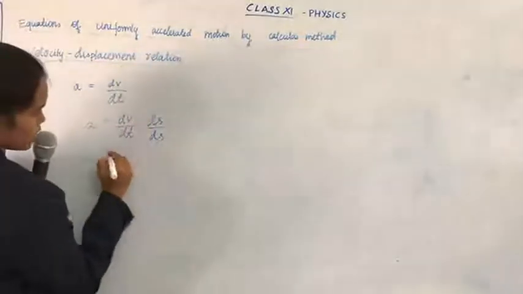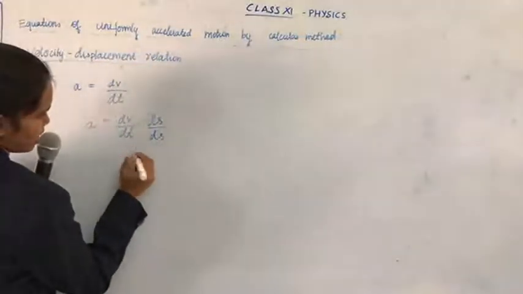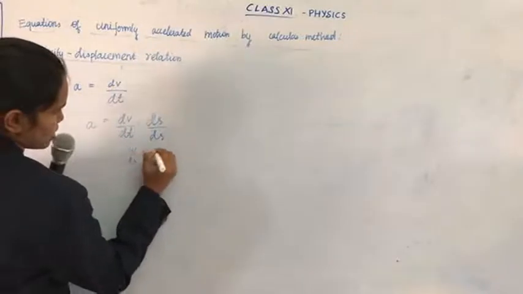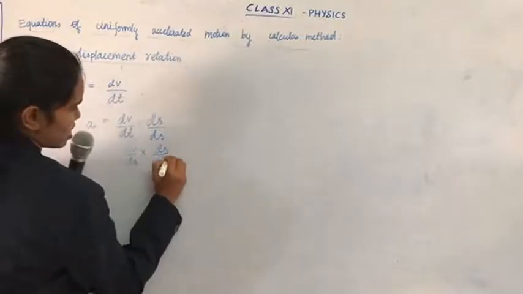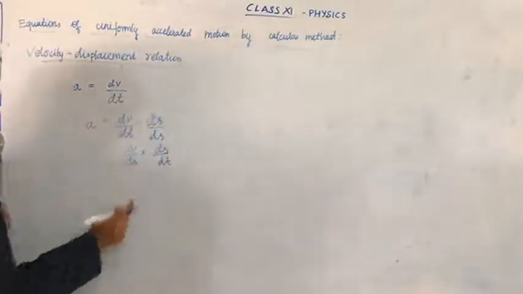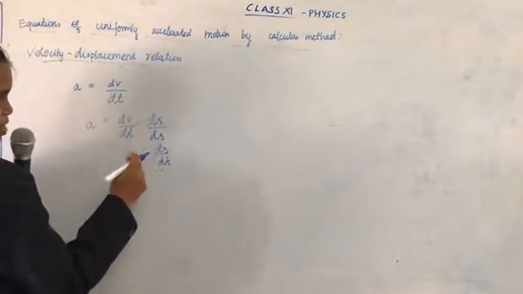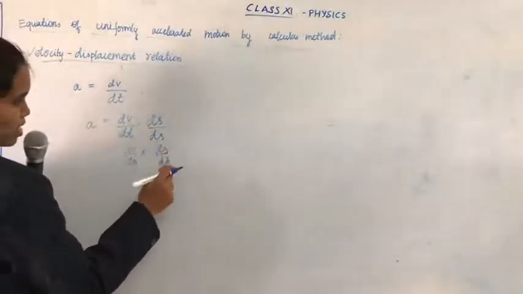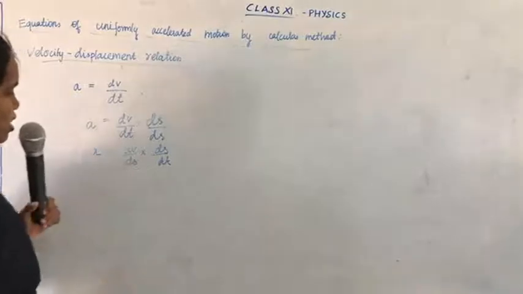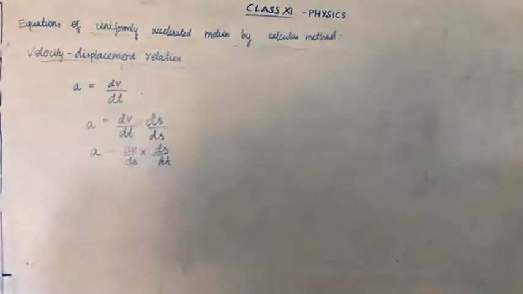Now we change it: dv by ds into ds by dt. Acceleration equals dv by ds into ds by dt.